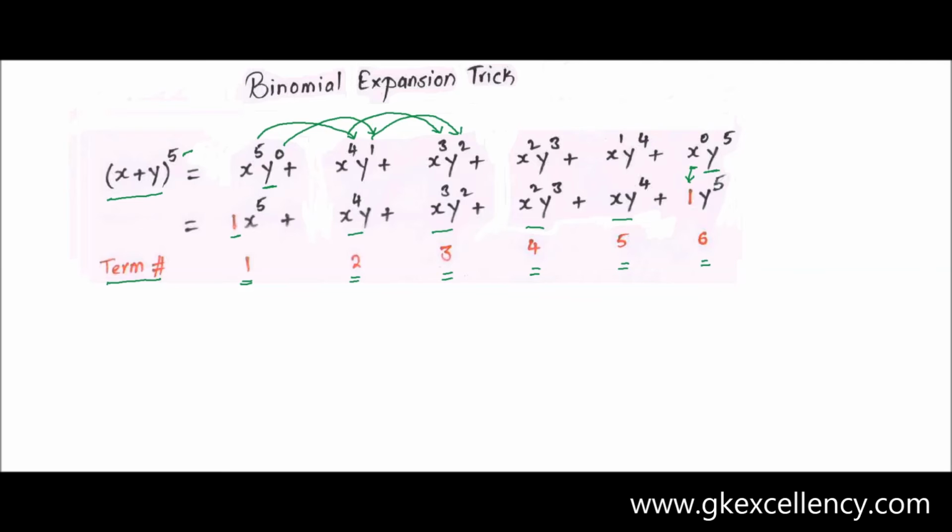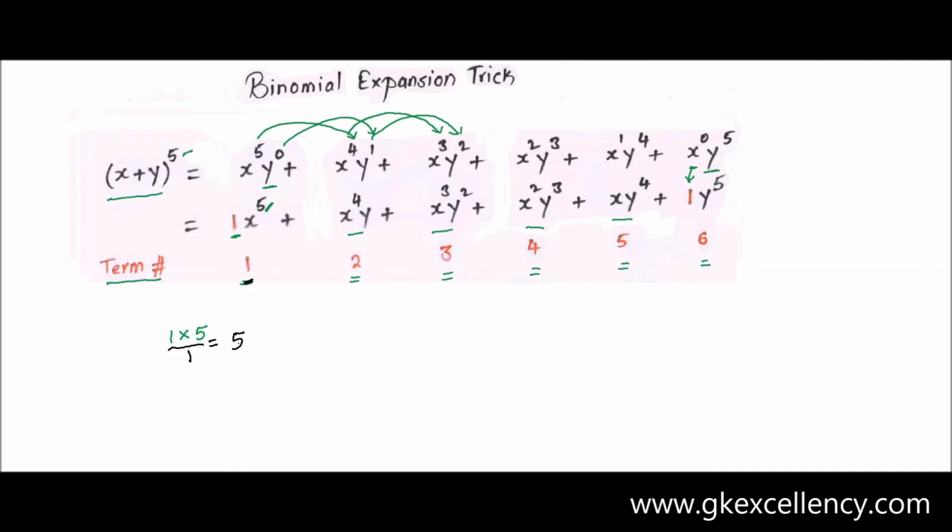I start with the coefficient of the first term, which is 1, and take the power of x, which in this case is 5. I multiply the coefficient 1 by the power of x, 5, and divide by this term number, 1.